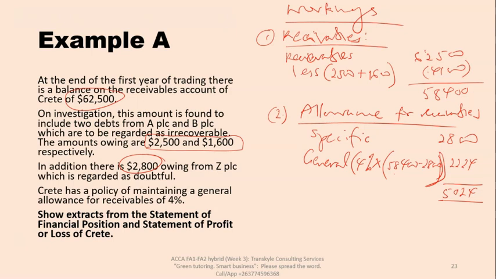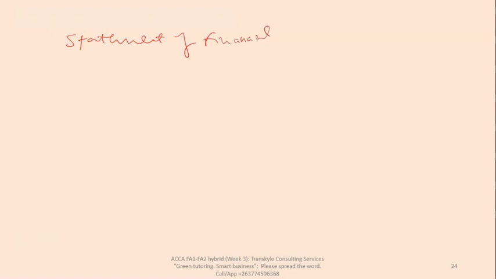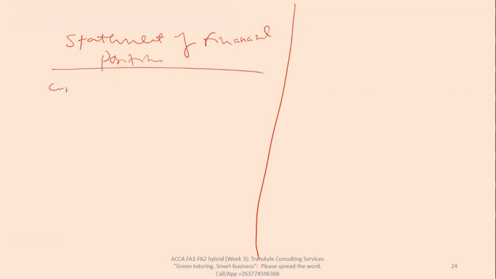All right. So that is the first information which we need. Then I have to use those figures to slot them into the two statements. We can start with the statement of financial position. Receivables are current assets, so this is just an extract. It's not the full statement. So the current assets.